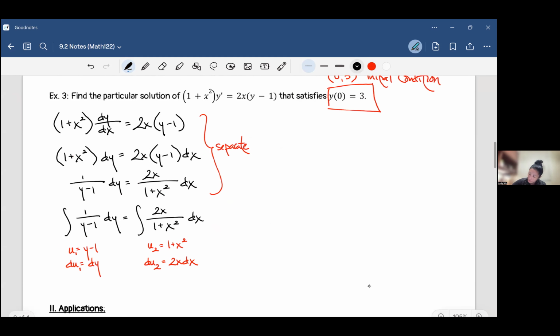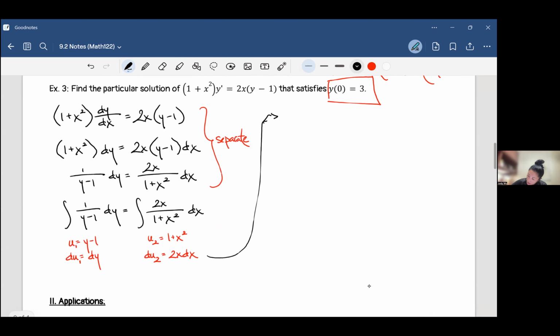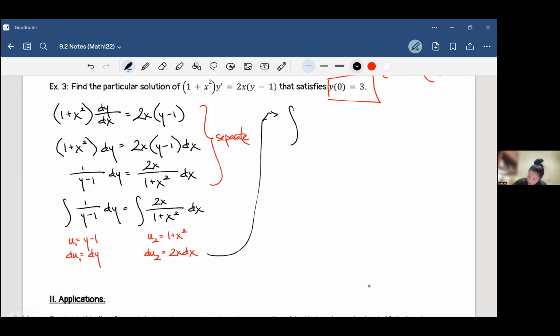So let's make that substitution and see what we get. We end up with the integral of 1 over u1 du1 equals the integral of 1 over u2 du2. In both cases, I get just a u in the denominator.